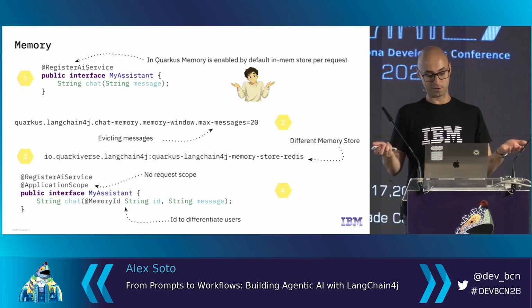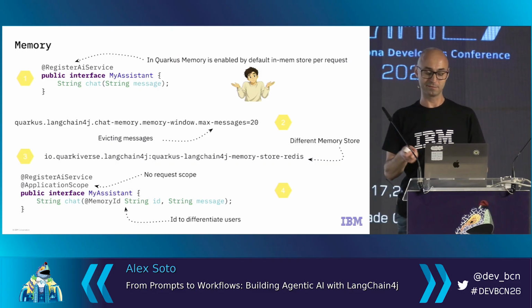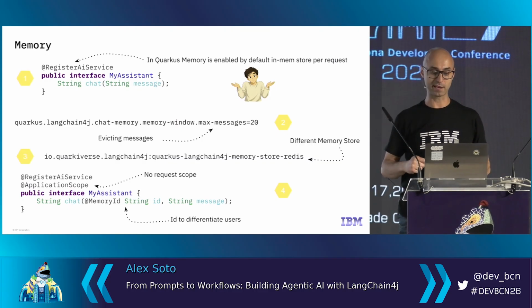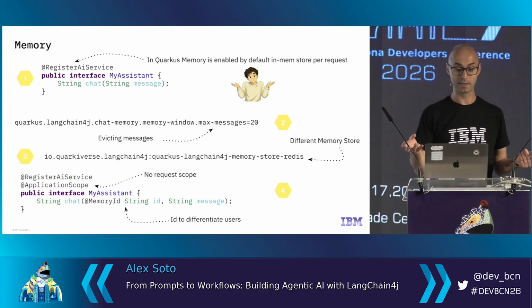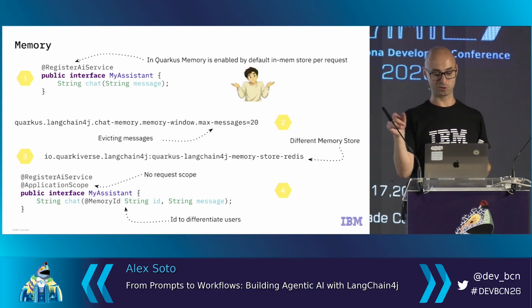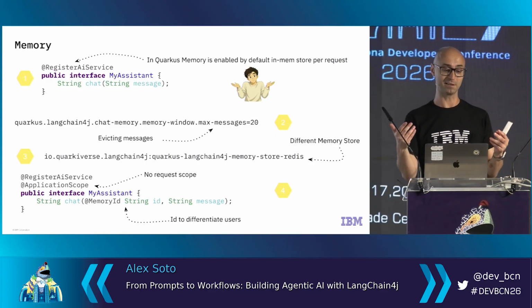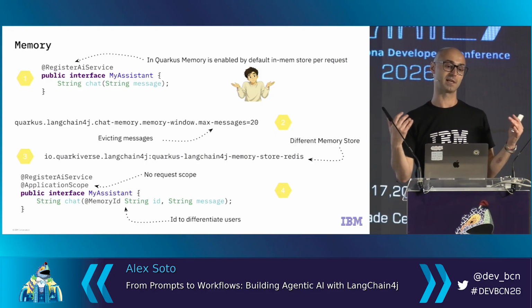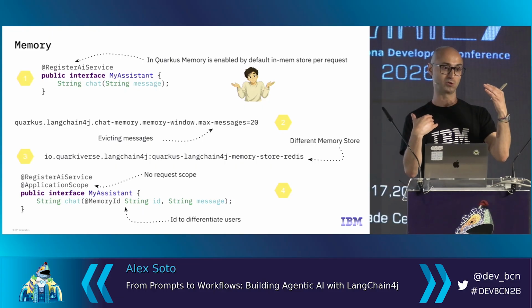Then, of course, the problem is that, hey, I need memory that lives across requests. Then what you can do is annotate your AI service with application scope. And you see here that I'm using this memory ID annotation. Basically, if this is application scope, it means that all the requests use the same instance.